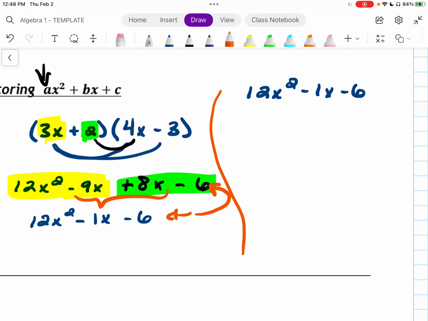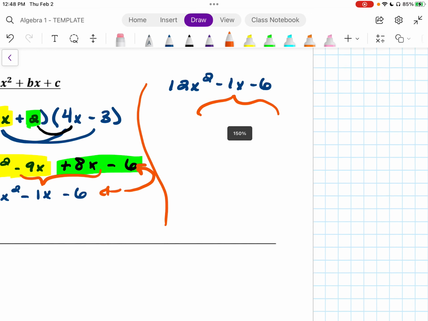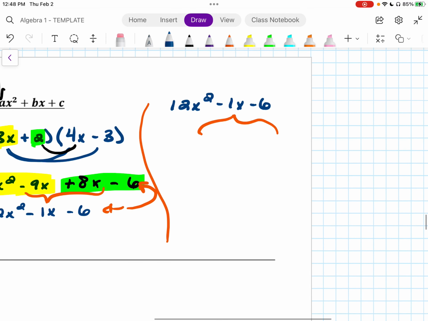I'm going to want to do that over here, but I need a rule to help me figure out how to do that. And here's our rule. You're going to take your first piece and your last piece and multiply them together. 12 times negative 6. Well, what's that going to be? That's going to be negative 72. Now, like before, we're going to look for things that multiply to be negative 72 and add up to be negative 1.